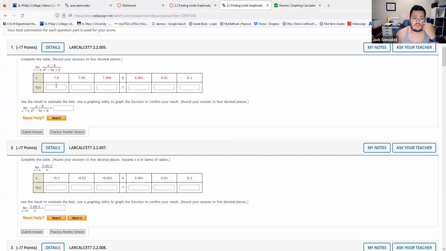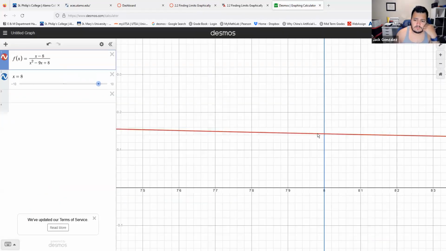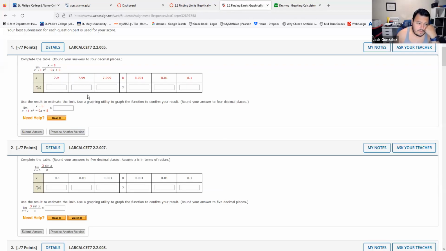So as you plug these values in, you're going to get closer and closer to point, what did I say? 0.143. So that's what's going to be happening here. It'll be getting closer and closer to that on the left, closer and closer to that on the right. Whatever number is close to both of these is what goes here. That is what a limit is.